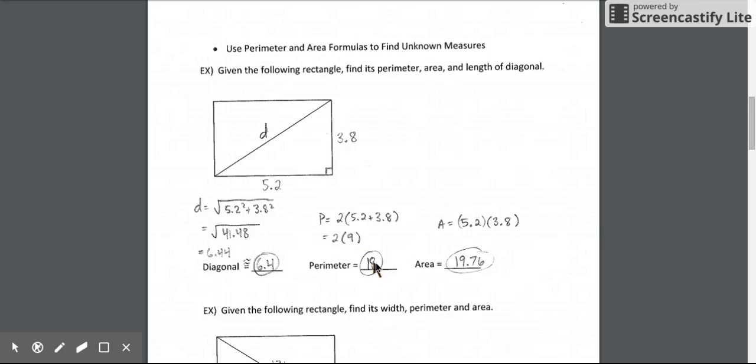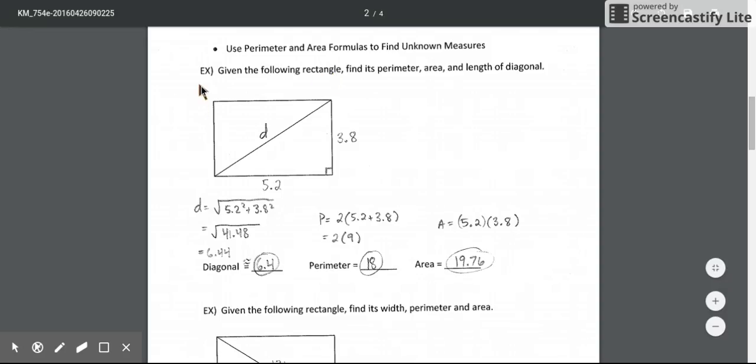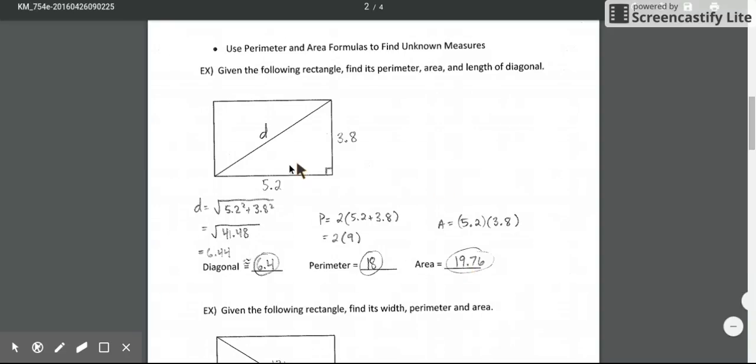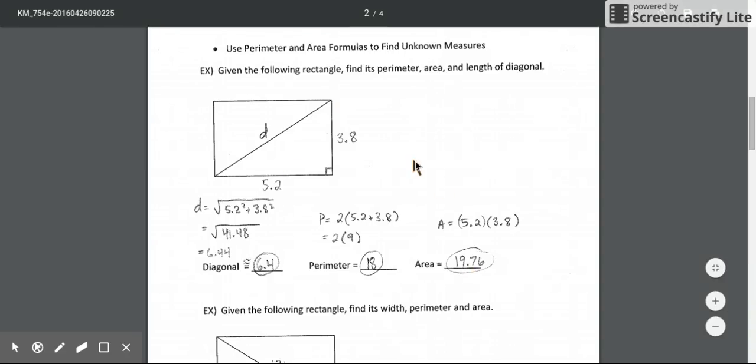Double that and we get our perimeter is 18. The same thing you would get if you added up all of your side lengths. To find the area, we just need to multiply base and height. So 5.2 times 3.8 is about 19.76. So to find the area, just multiply your length and width dimensions.